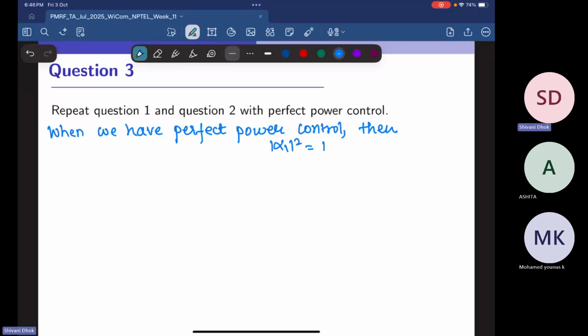Now what we need to do is repeat question 1 and question 2. What was question 1? Question 1 was finding your degradation factors.